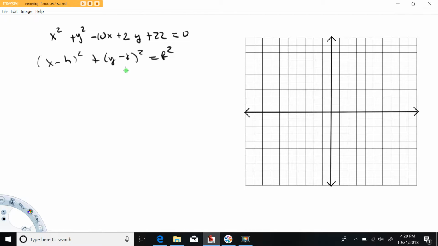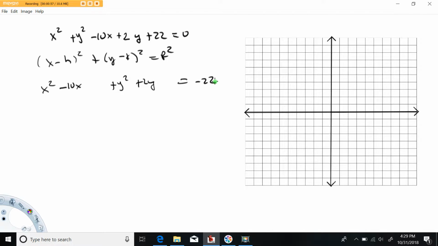The first step is to recopy it: x squared, and let's group the x terms, minus 10x, and let's group the y terms, plus y squared, plus 2y. And then anything that's a constant, let's put over on the right, minus 22.